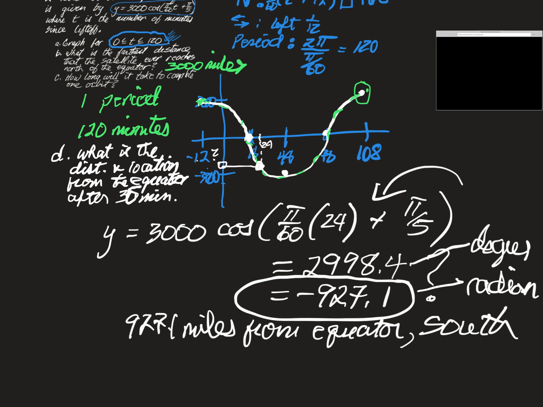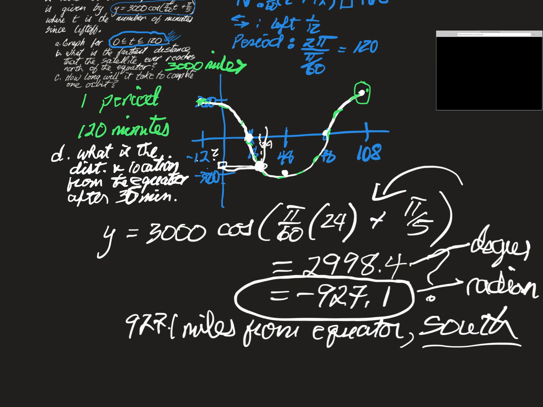And that matches with what we see on the graph. Do you see that? That we're a negative number, so therefore that would mean that we're south of the equator, okay? And so that gives me a much better idea of what's going on, okay?